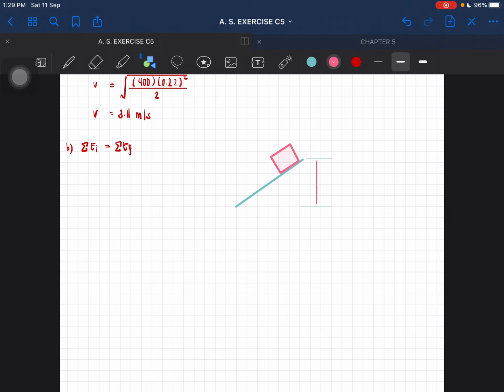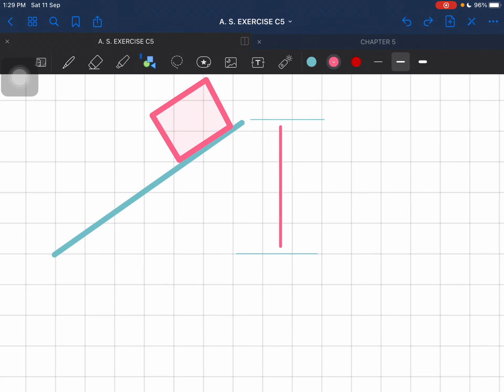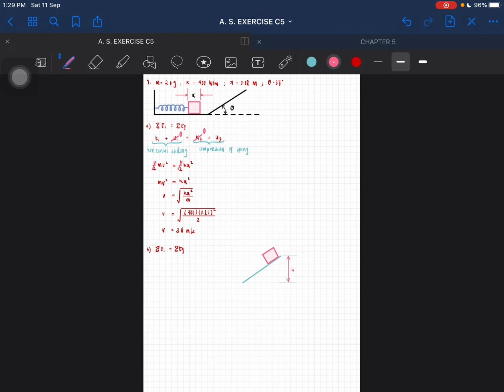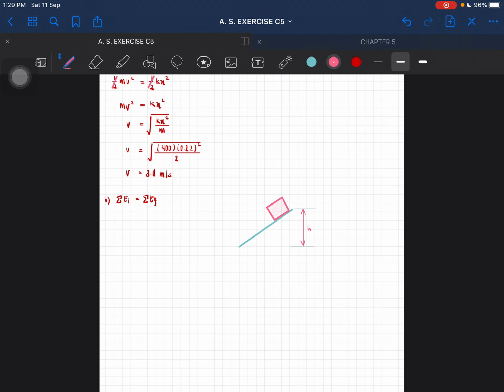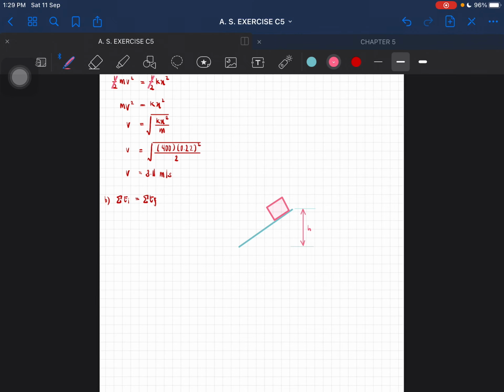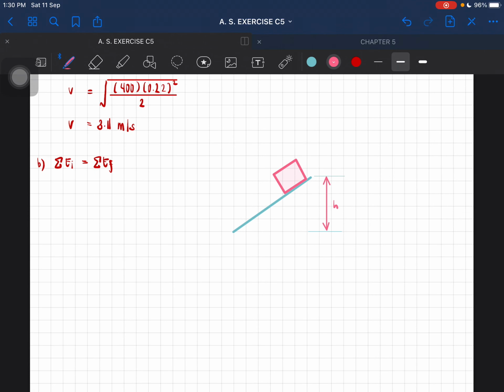This is h, the change in height. But what we are looking for is the distance traveled by the block up the inclined plane, which is this distance, the length of the inclined plane.